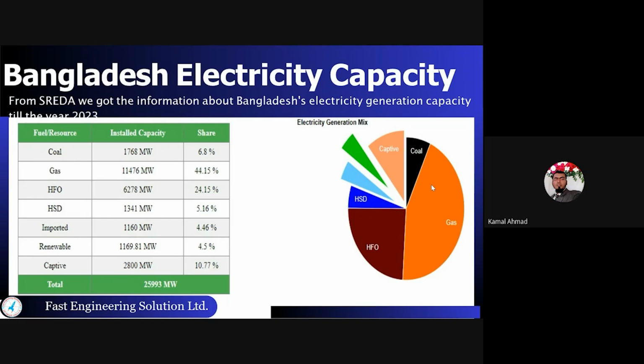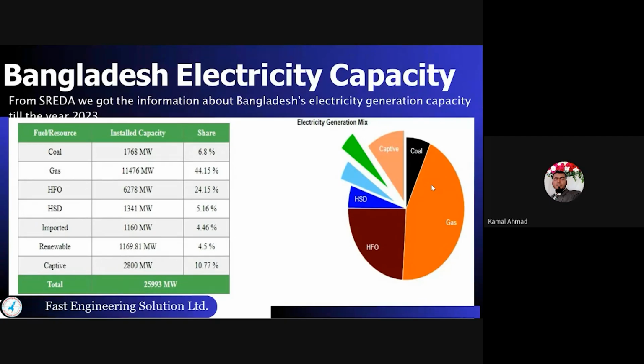Our government is now importing LNG, sorry, liquefied natural gas, which is very expensive, so the government is focusing on energy management and energy efficiency, which is now very important.